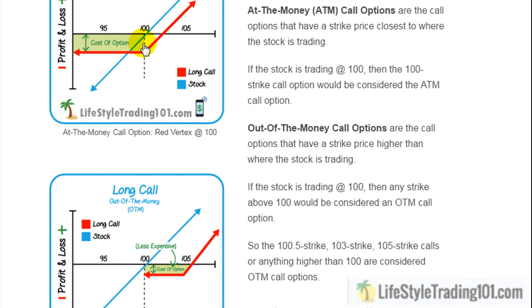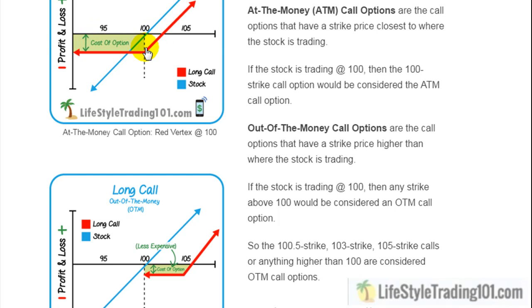When the vertex of the call option diagram and the stock price are the same, and in our examples we use 100, that means you're at the money, and it's going to cost you some amount. The vertical distance between the horizontal call option red line and the x-axis is the cost of the option.